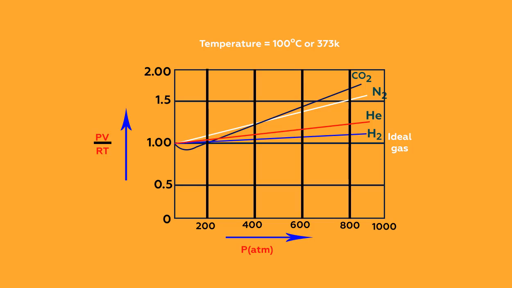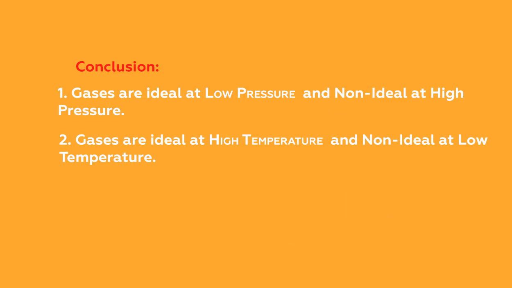So from the above two graphs, we can conclude that gases are ideal at low pressure and non-ideal at high pressure, and in the same way gases are ideal at high temperature and non-ideal at low temperature. These are the two lines which are the conclusion of our discussion.